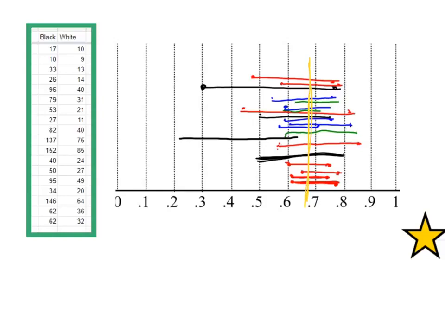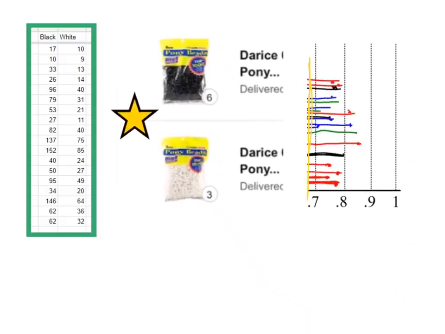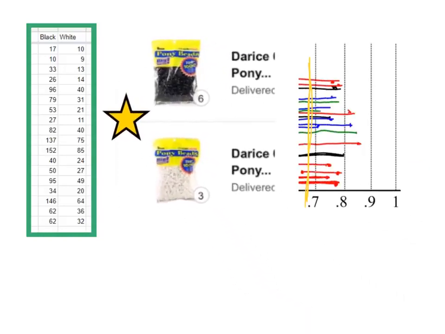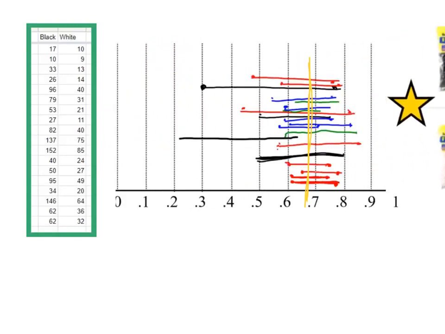Let me just show you, I have my little Amazon order. That is, in fact, the exact ratio. There are 6 black bags in there and 3 white bags in there, so a 2-to-1, or 2/3 of them are black. So they captured it with their confidence intervals.